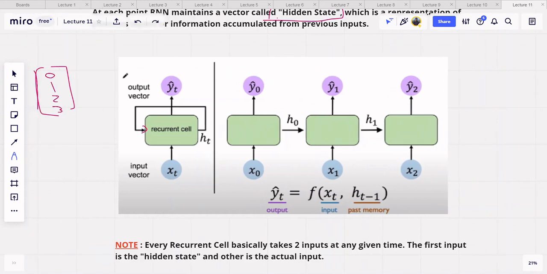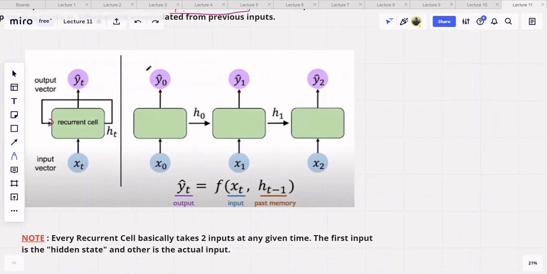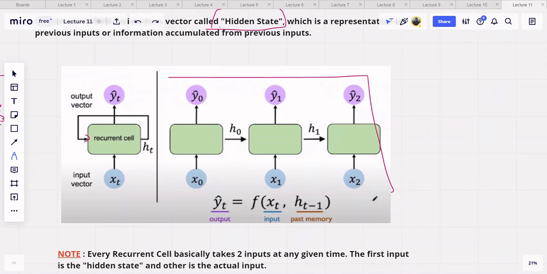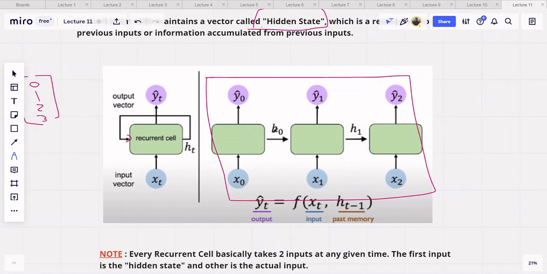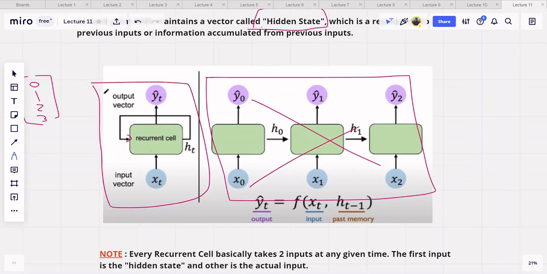This is the unfolded version of the recurrent neural network, drawn just for our own understanding. In reality, the architecture of a recurrent neural network is this: it has one recurrent cell.